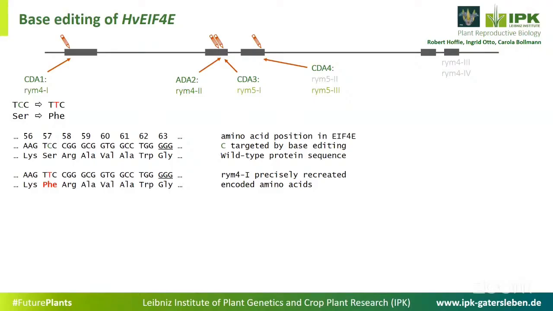This RYM4 haplotype contains in position 57, instead of a TCC, a TTC, which encodes a phenylalanine instead of serine.